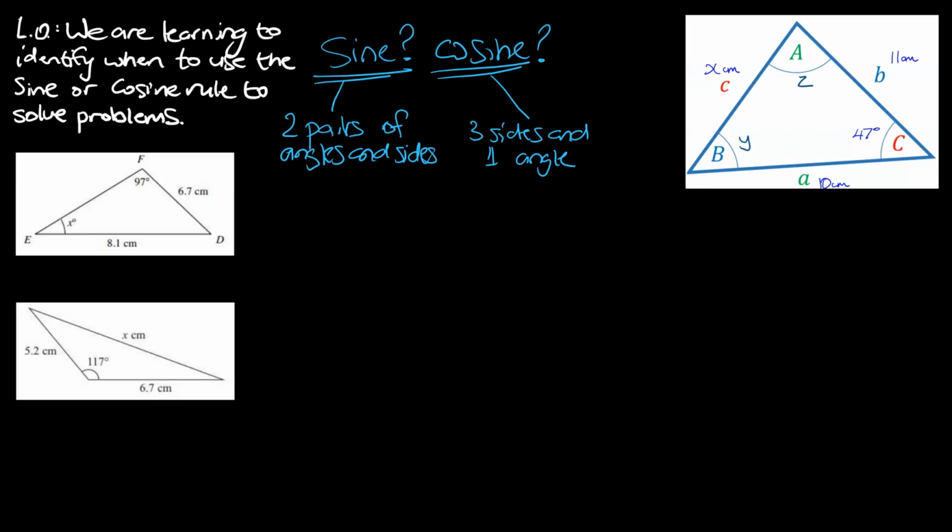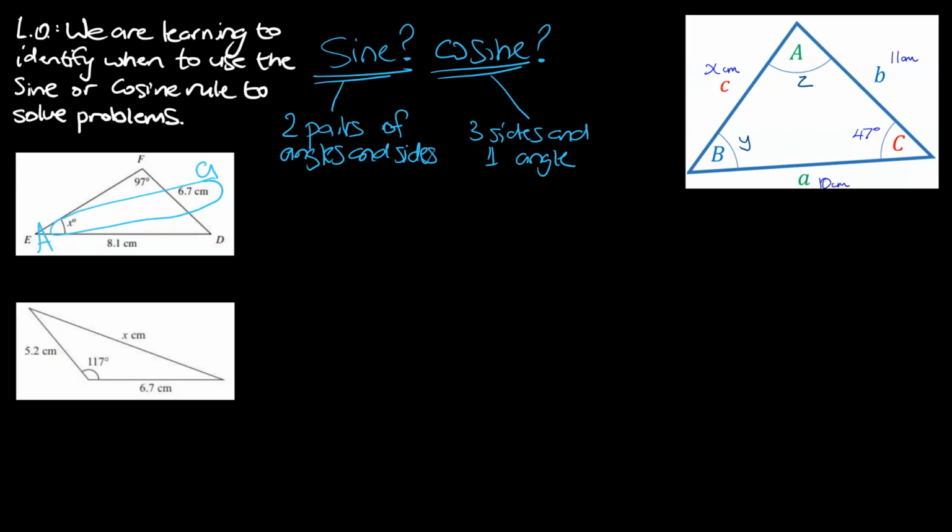We can see the x and the x in both of these, and for the criteria we're looking at, both of those are going to be included. If you go across here, if this here was big A, then that there would be little a. That is what I mean by a pair of angles and sides.